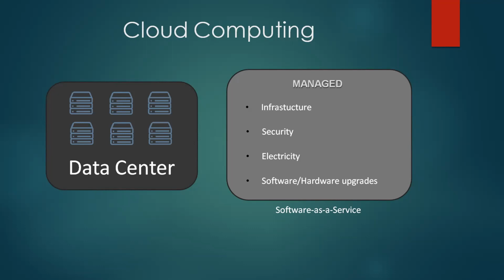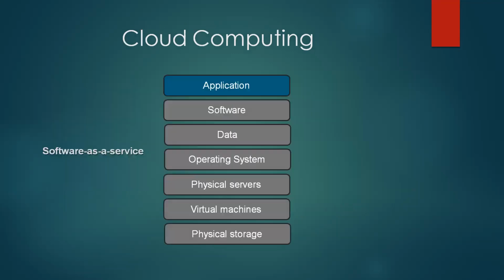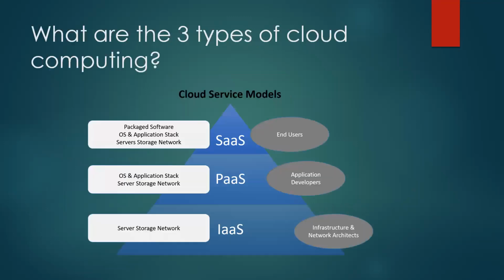Like that, every country has different data centers, and from there they provide all these resources on a rental basis. So cloud computing means they give applications, software, data, operating systems, physical servers with virtual machines, physical storage, everything.